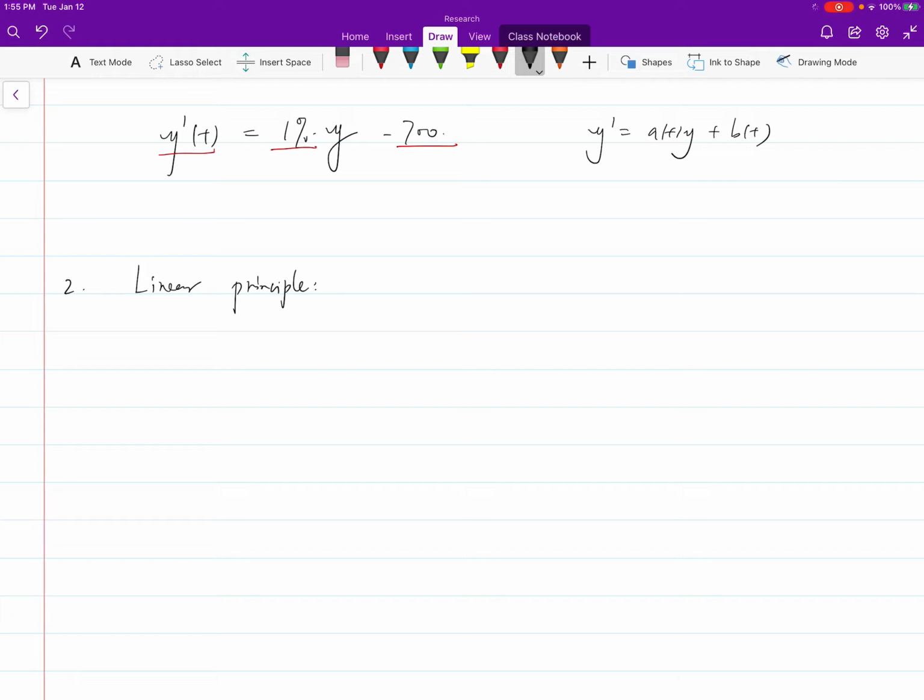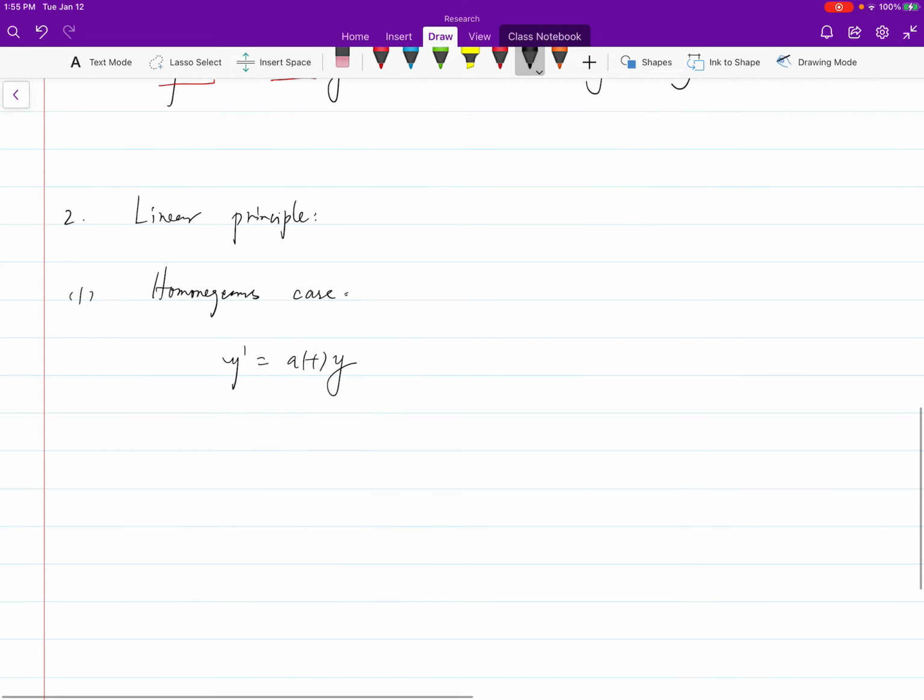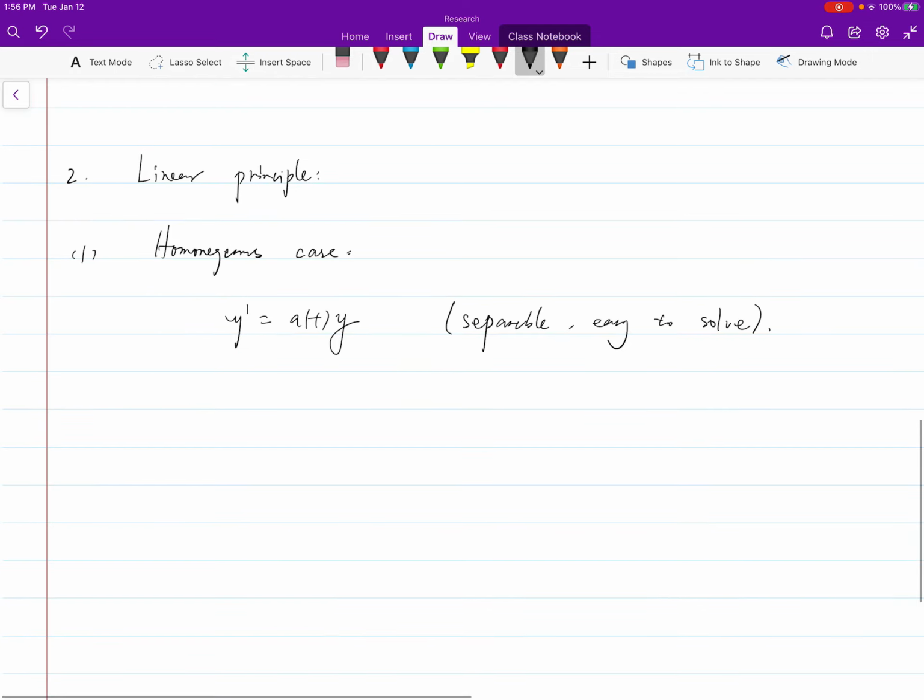Okay, so the first thing we want to talk about is something called the homogeneous case. That is this. Moreover, this is separable. Actually, you can solve it. Easy to solve. Okay.